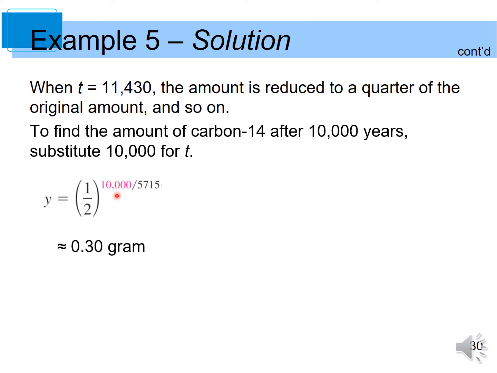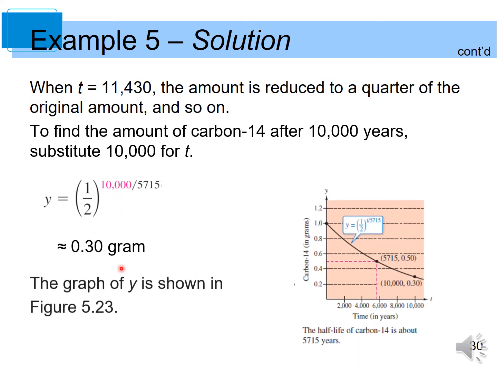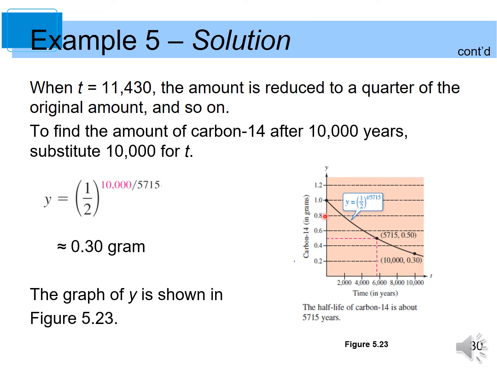And you calculate. The sample is 0.3 gram. And you can plot the graph out. Now your curve is decreasing, because your model is a decay model, and the base is half.